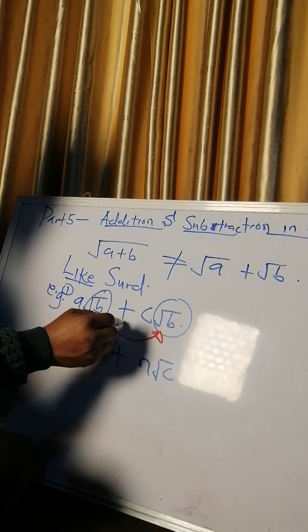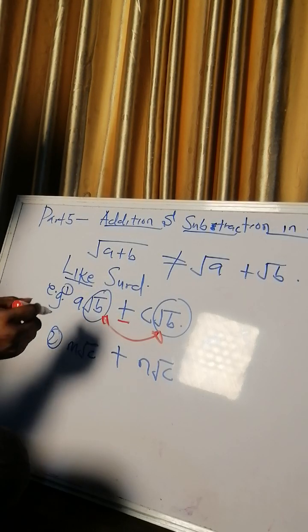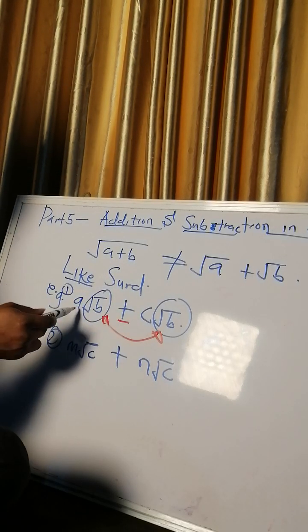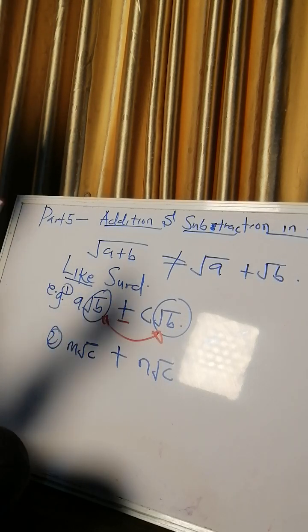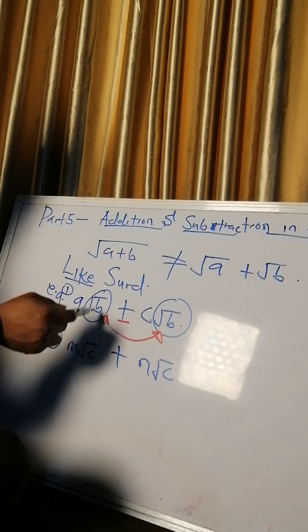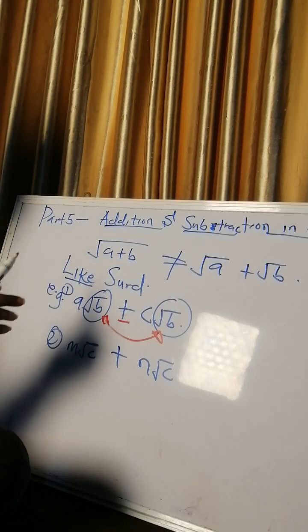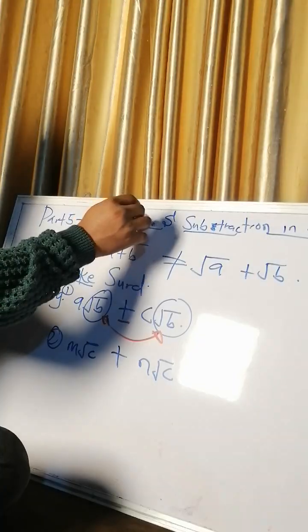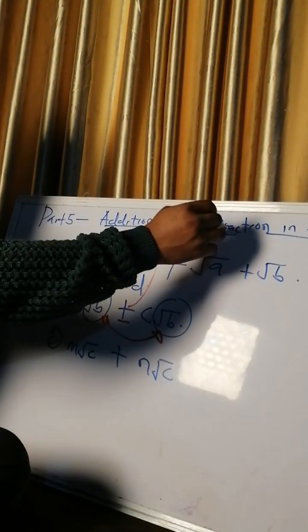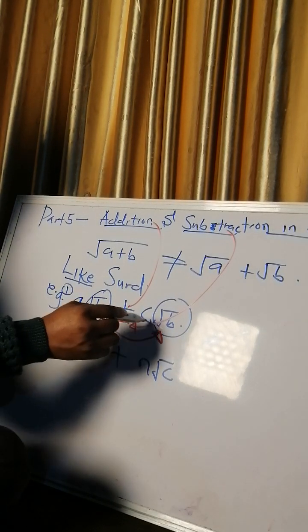This can either be plus or minus. Just to save our time, I can say a root b minus c root b, or I can also say a root b plus c root b. Either of the two questions can come up. So before you can do addition or subtraction, they must be of like sort.